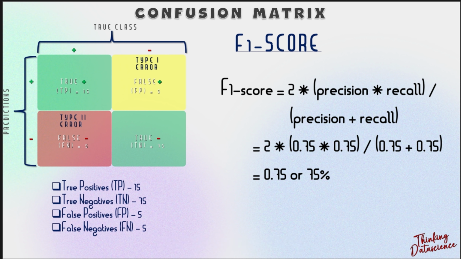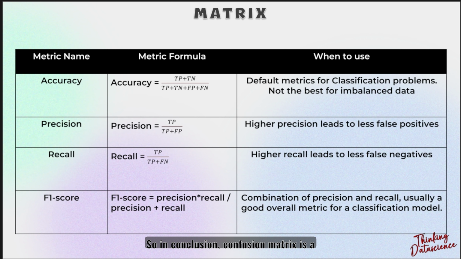It can be calculated using the values in the confusion matrix and can be used to compare performance of different models. So in conclusion, confusion matrix is a useful tool for evaluating the performance of a binary classification model. It provides a clear picture of the model's accuracy, precision, recall, and F1 score, which are the essential metrics for measuring the effectiveness of a machine learning algorithm.